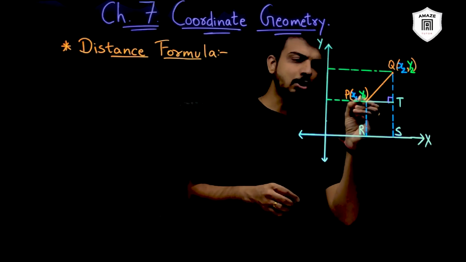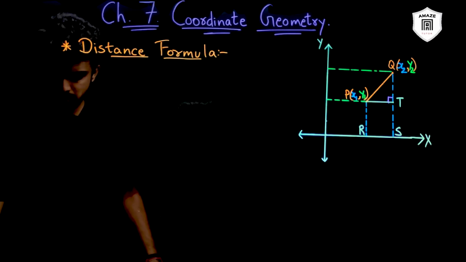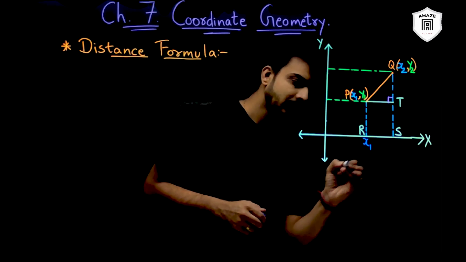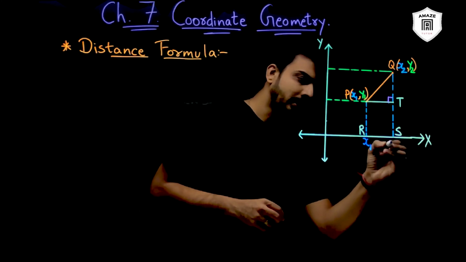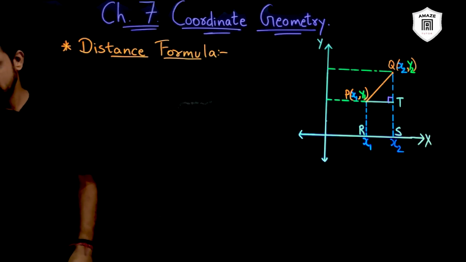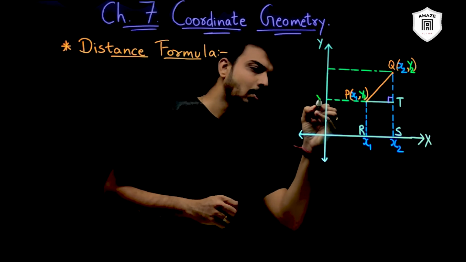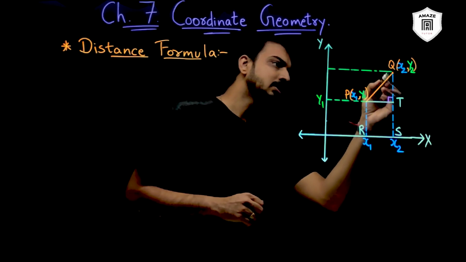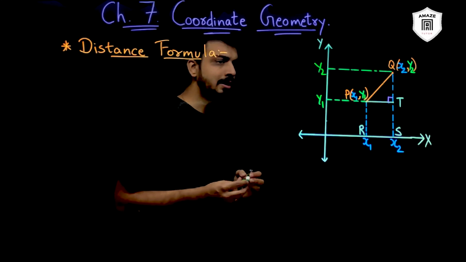If this is x1, y1, obviously I can write this as x1 here and y1 here, and here x2, y2, so this point will be x2 on the x-axis. Similarly, if this is x1, y1, this will be y1, and this is x2, y2, right?